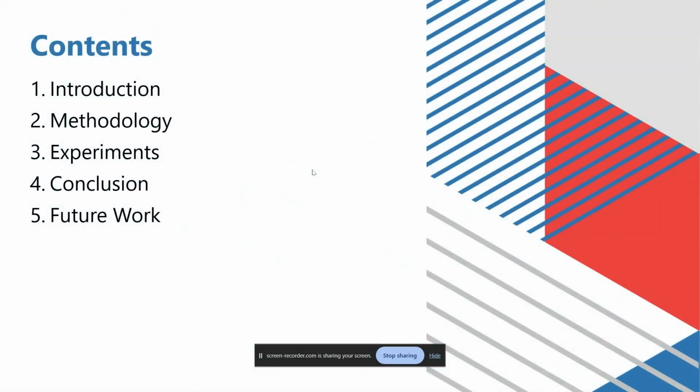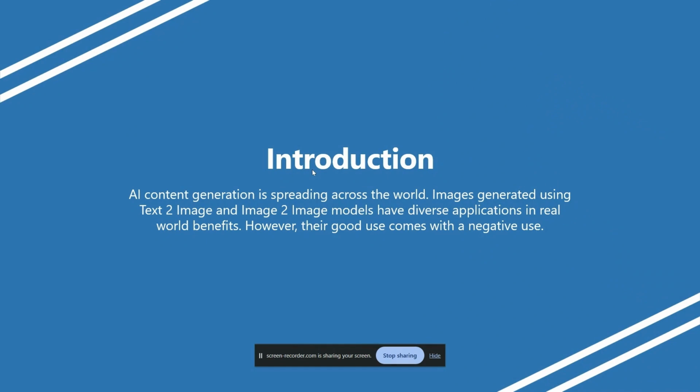So the presentation slides will contain introduction, methodology, experiment, conclusion, and future work. To talk about text to image models, text to image models are models that generate images using text or both text and images, and the images are highly realistic and it is harder to distinguish, but they have a lot of real world benefits, such as they can be used in marketing.